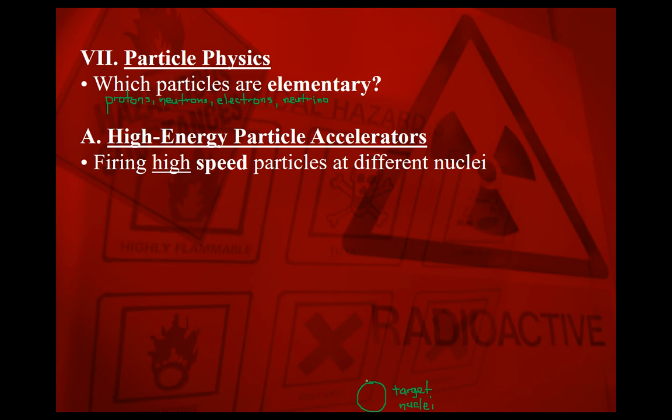This target nuclei would be large, and it's most likely going to consist of a bunch of protons and neutrons. I'm just simply going to show the protons that make up the target nuclei. What we're then going to do is take another particle, which I'm going to call a probe particle, and I'm going to fire it at the target nucleus.